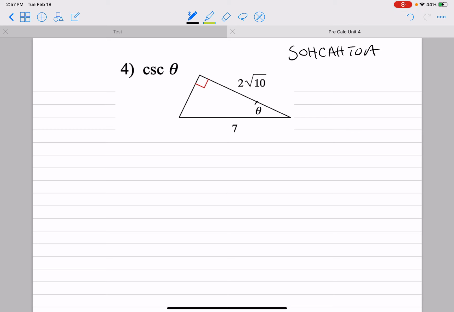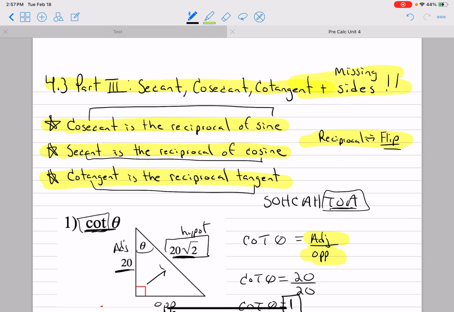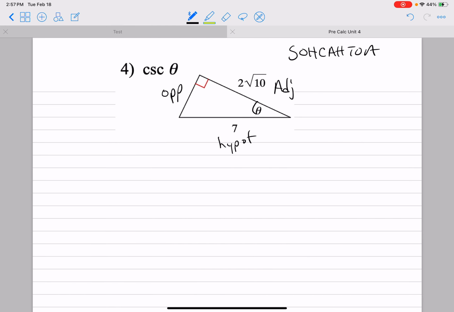SOHCAHTOA. This is my hypotenuse. My reference angle is here. This is adjacent, and this is opposite. I don't know the opposite. I need the cosecant. What is cosecant connected to? Cosecant is the reciprocal of sine.